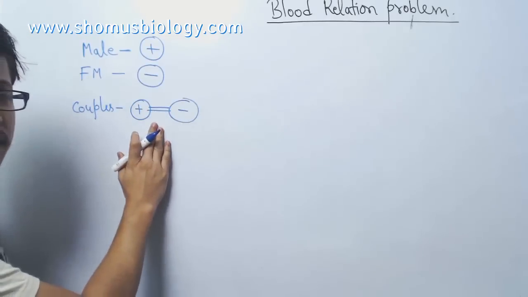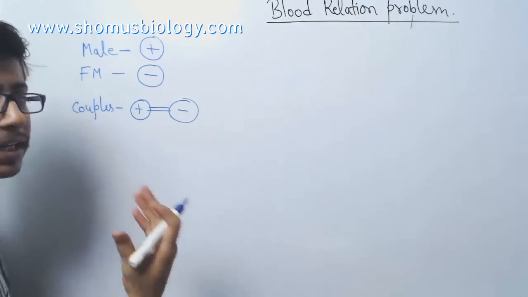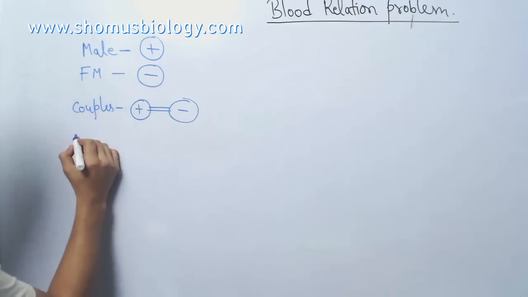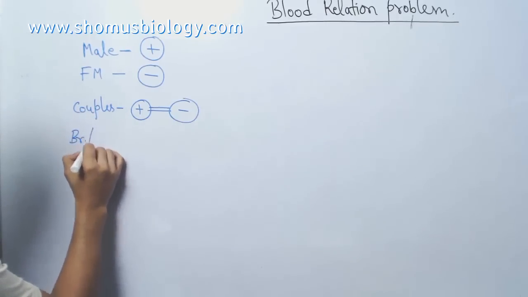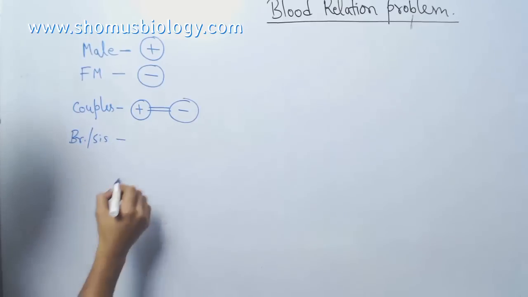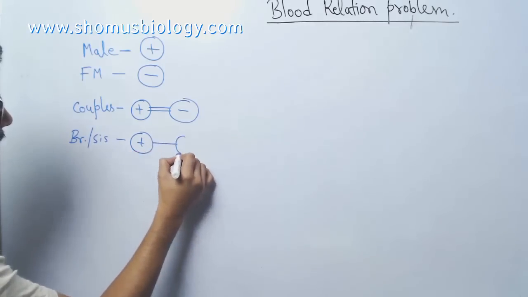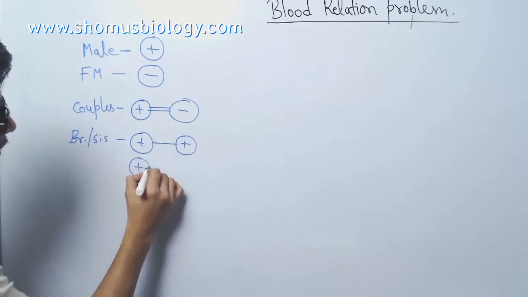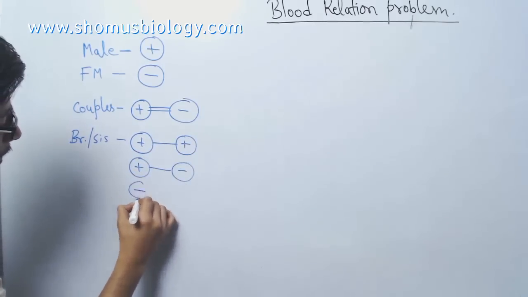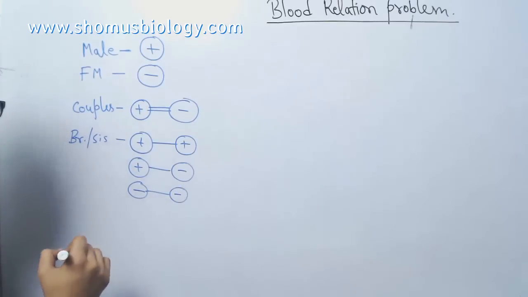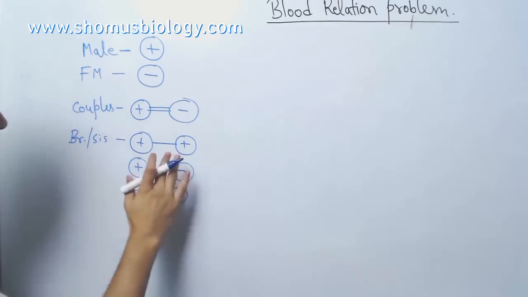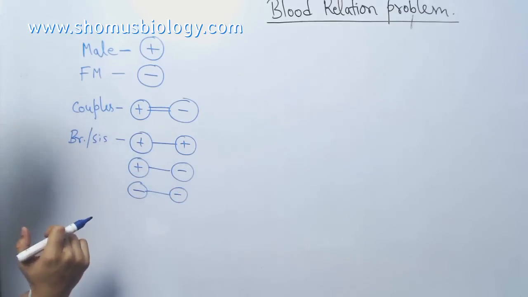So these are just the signs with which we represent things. Now the relationship between brother and sister, we will link it, brother with brother like that, brother with sister like that, sister with sister like that. A single line represents the relation between the siblings.